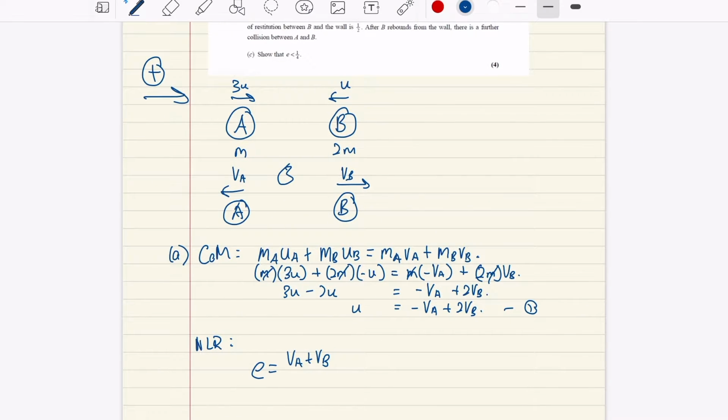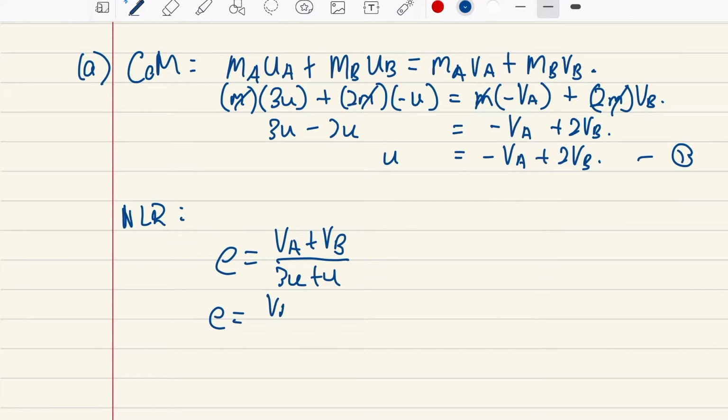Before the collision, they are moving towards each other, so it's 3u plus u. So e equals (VA plus VB) divided by 4u. So VA plus VB equals 4eu. This is the second equation.